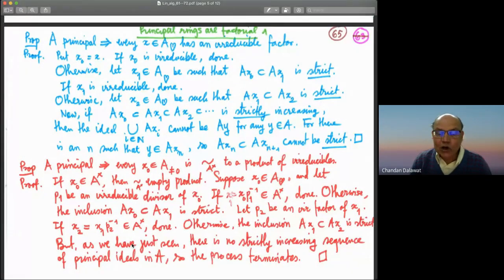And this process of strictly increasing principal ideals will have to terminate, just as before, because the union has to be a principal ideal, and any generator of that principal ideal will be contained in one of the ideals in the sequence. And from then onwards, it will have to be equalities and not strict inclusions. So that contradiction shows that this process terminates, and every non-zero element of the ring is the product of irreducible elements.